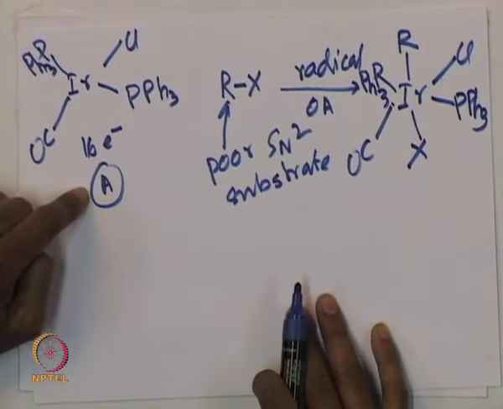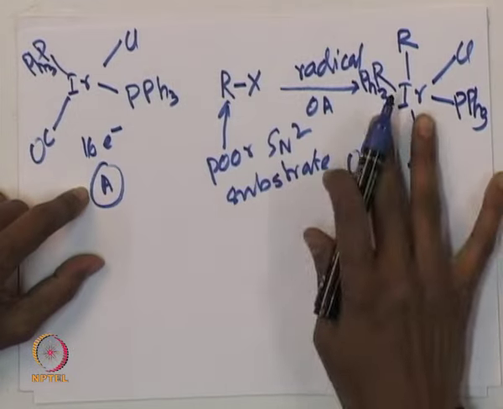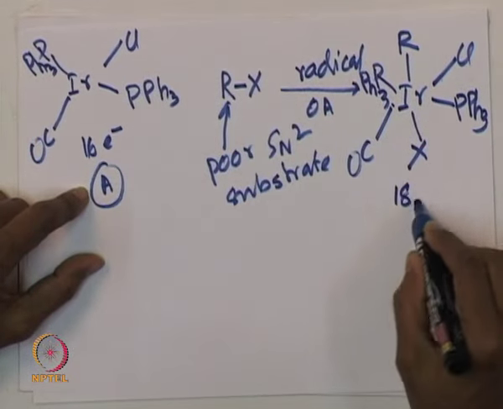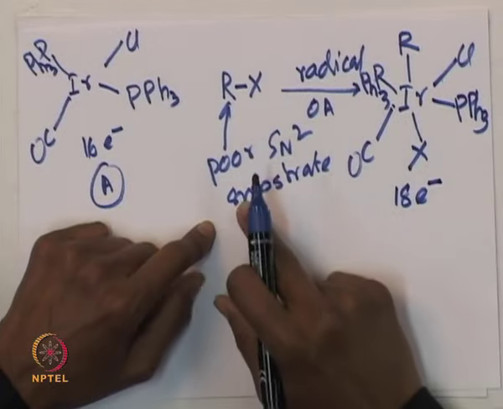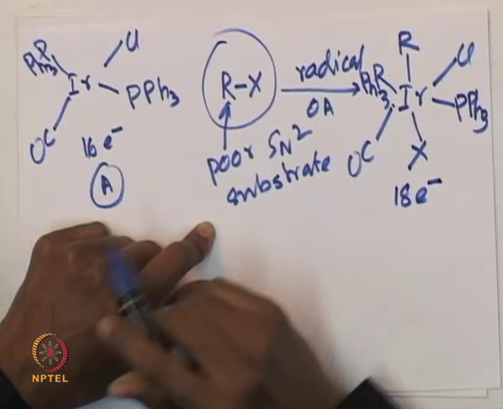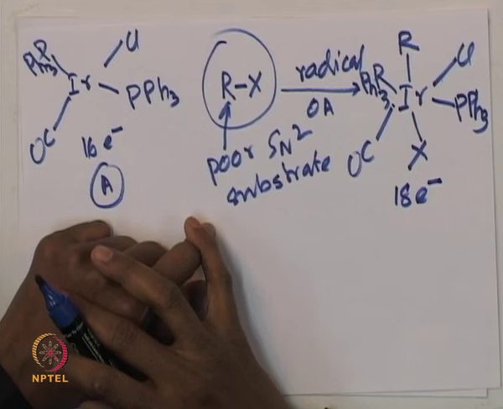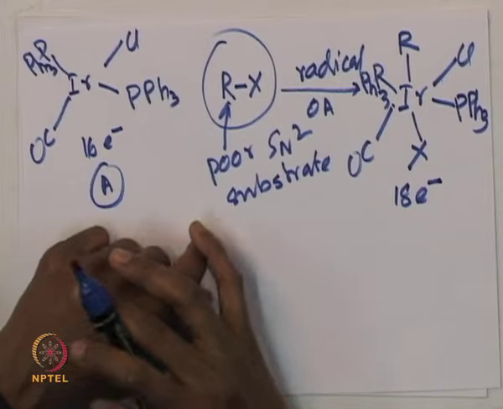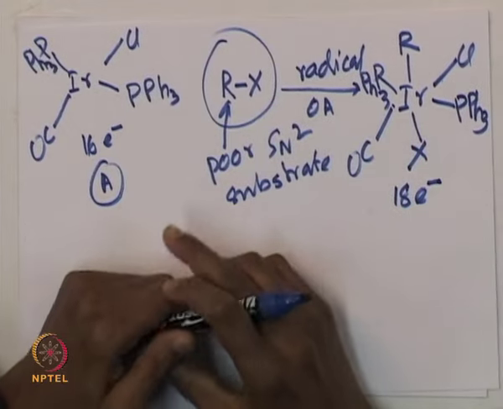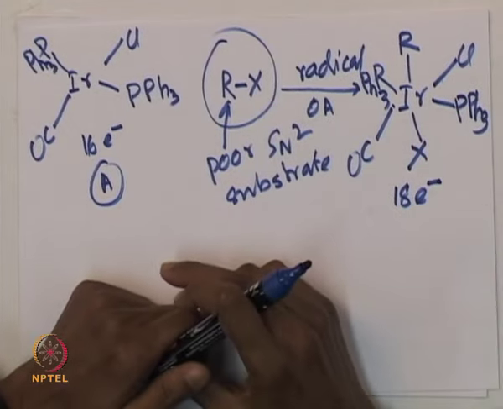So, a 16 electron species is undergoing oxidative addition overall to give you an 18 electron species, but in this case particularly we are emphasizing that the RX is not the one where SN2 reaction will be easily done. Can this reaction go? Of course, it can go. A 16 electron species can undergo an oxidative addition via a radical mechanism, but it will not be a straightforward one. You need again an initiator.